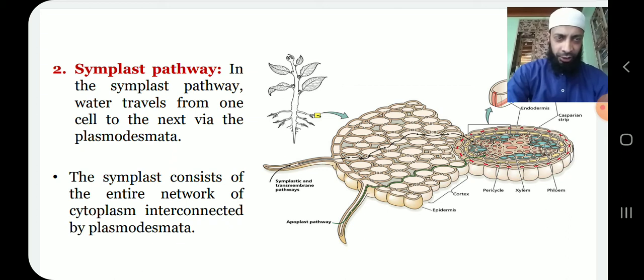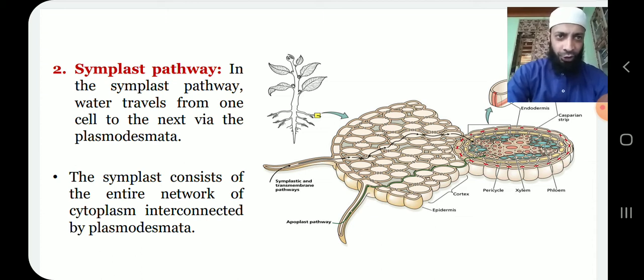And the flow of water goes cell to cell through these windows. That's symplast pathway. And symplast pathway consists of the entire network of cytoplasm connected by plasmodesmata. That means water moves through the cytoplasm, through these windows between cells, which we call plasmodesmata or plasmodesmatal connections.